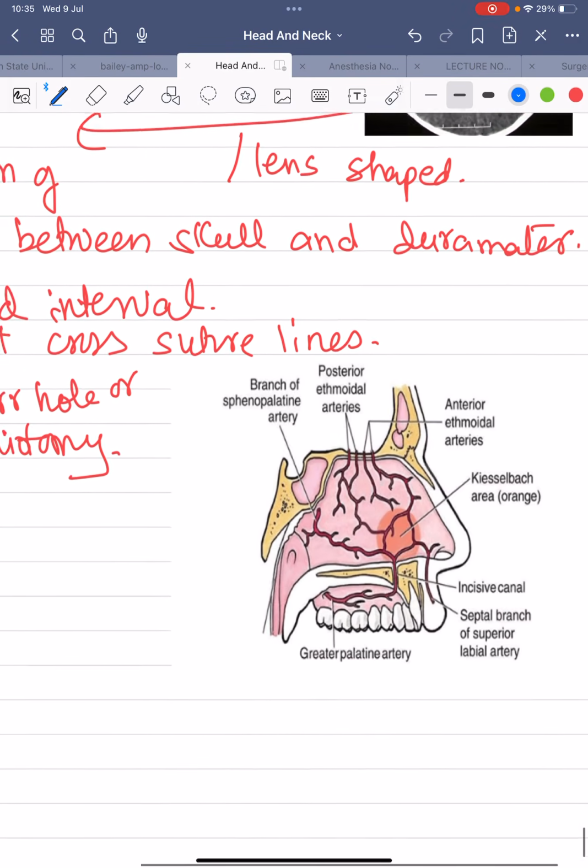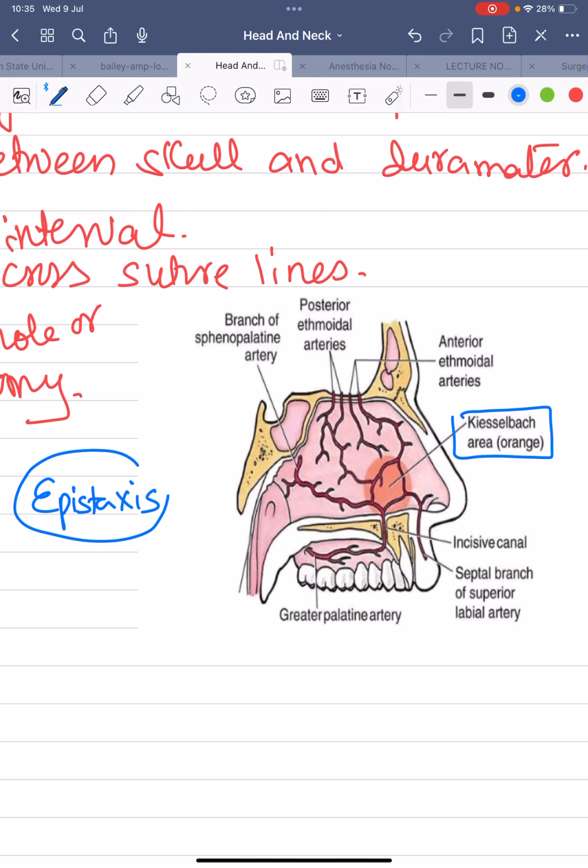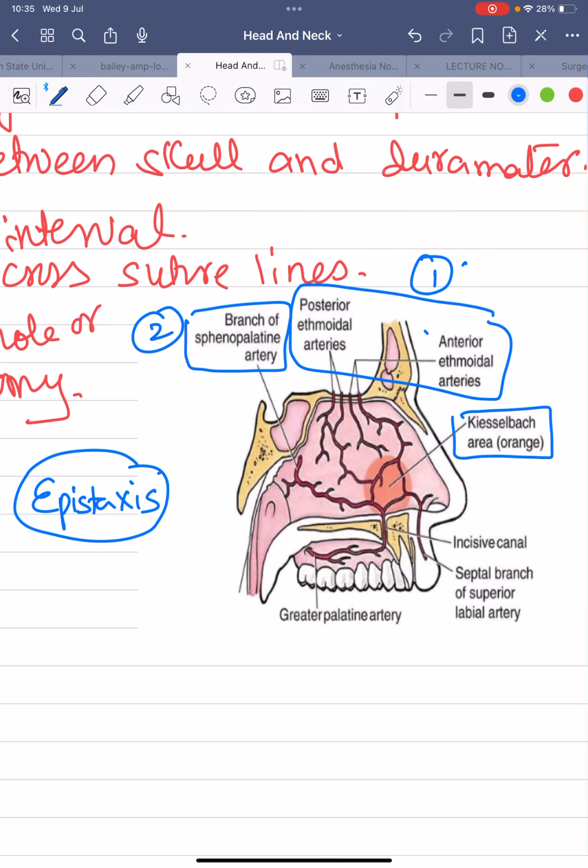Now this is the Kiesselbach's area, which is a cause of epistaxis in the patient. Please remember these four arteries. Number 1, ethmoidal arteries. Number 2, sphenopalatine artery. Number 3, greater palatine artery. And number 4 is the labial artery.